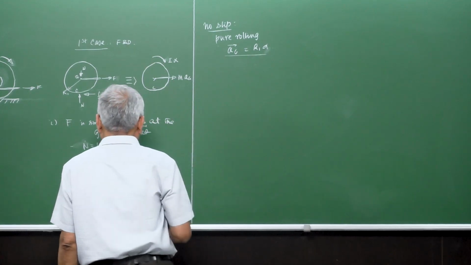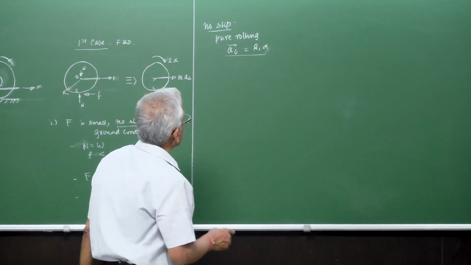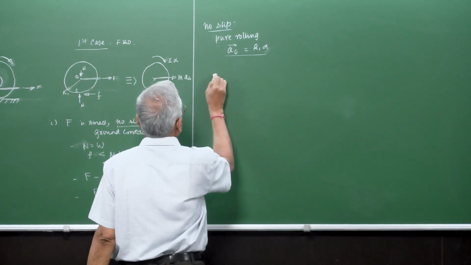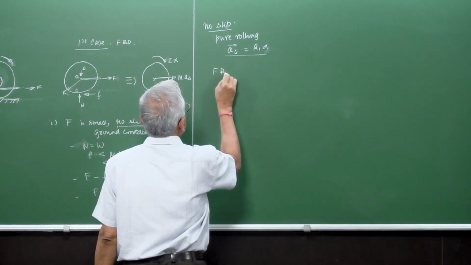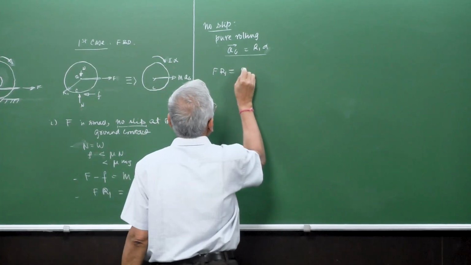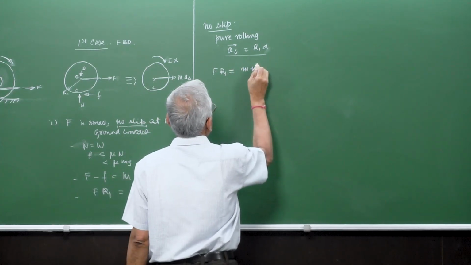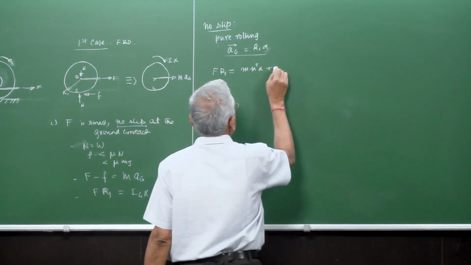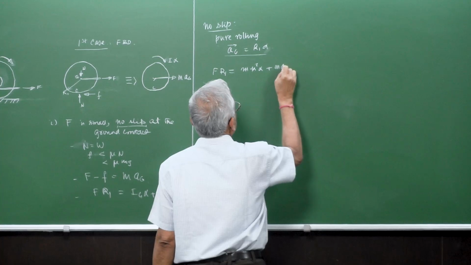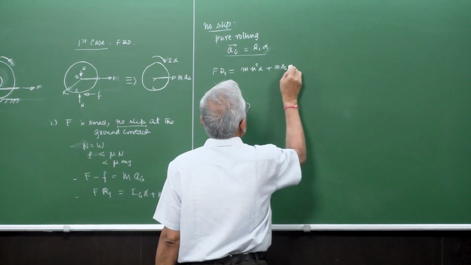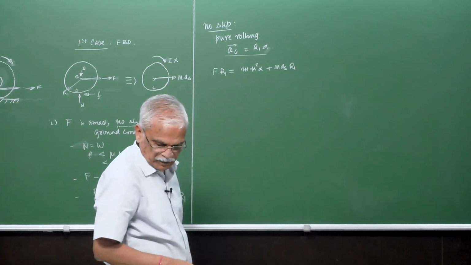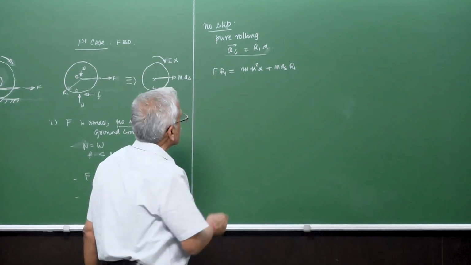Okay. And so using this, substituting in this third equation, we have F R1 equals m k square alpha plus m a_g R1.